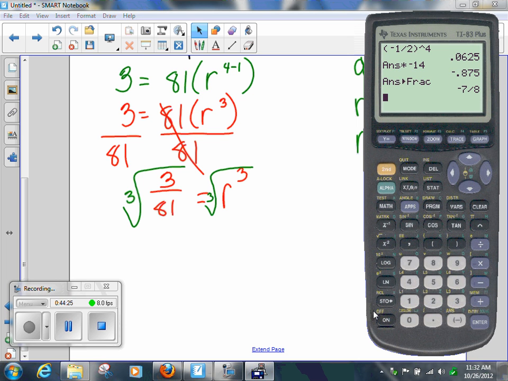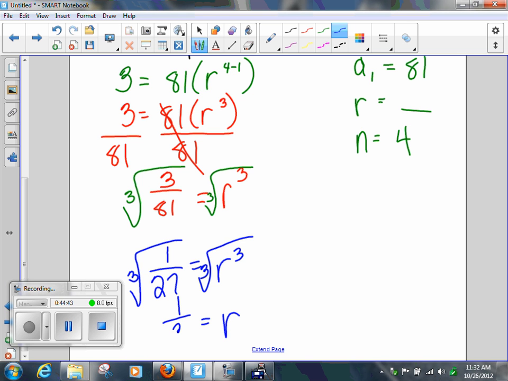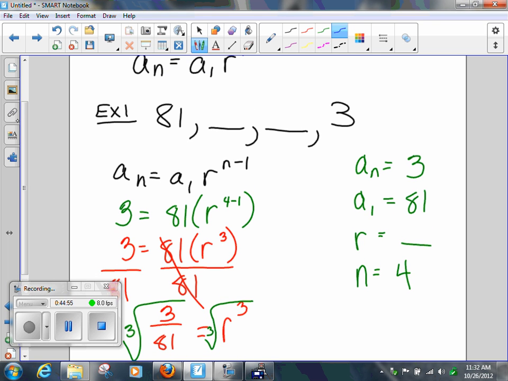You could do it if you simplified your fraction, because your fraction could simplify to what? 1 over 27. And Dylan, what would it be? 1 over 3. Y'all cool with that?